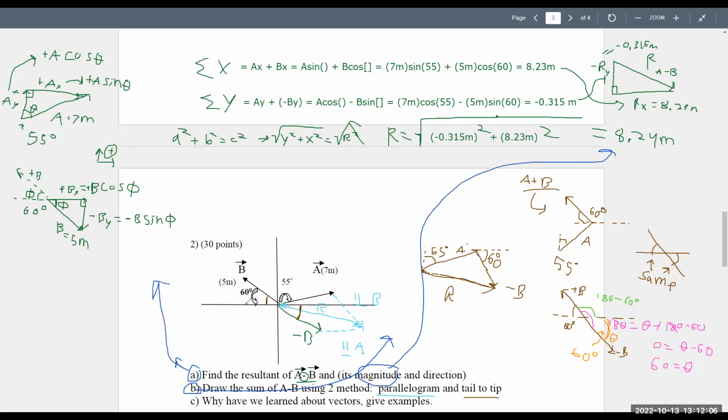Because I could draw this a bit higher. And then we need its direction, which is its theta, or we'll just do angle. I know these things always look tedious.